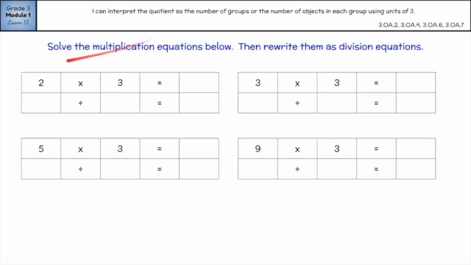This one says, solve the multiplication equations below, then rewrite them as division equations. So the first one says 2 rows of 3 or 2 groups of 3 equals, and we know that equals 6, right? Because if I counted by 2, I would say 2, 4, 6 and stop after I get to the third one. So let me write 6 here.